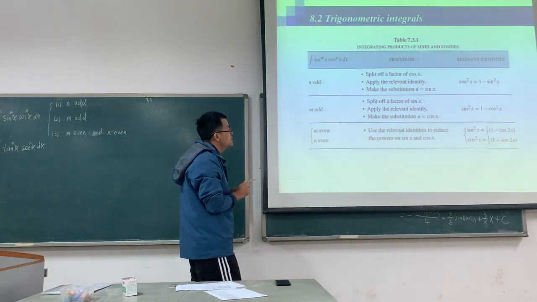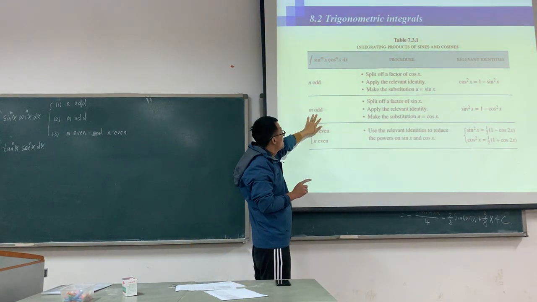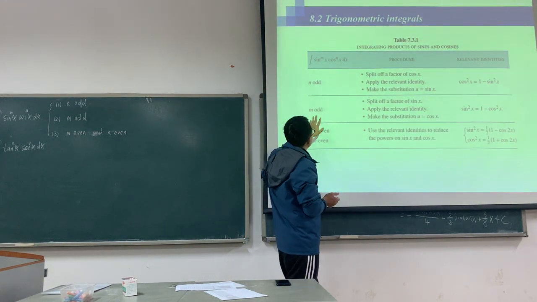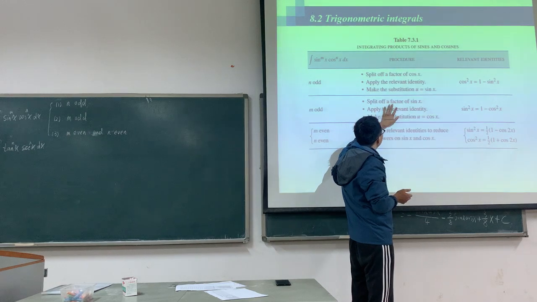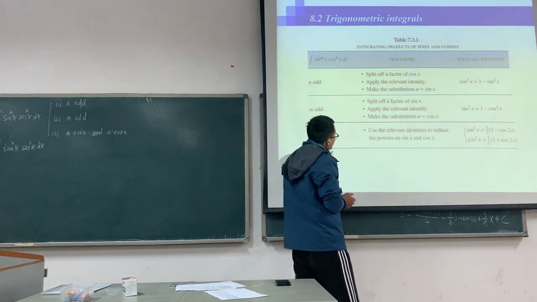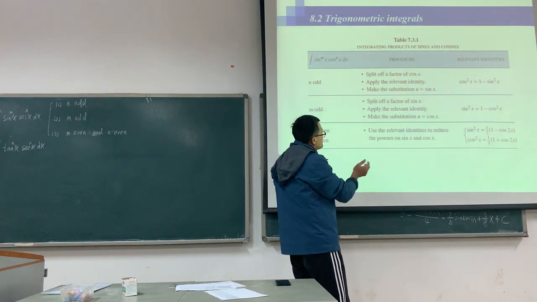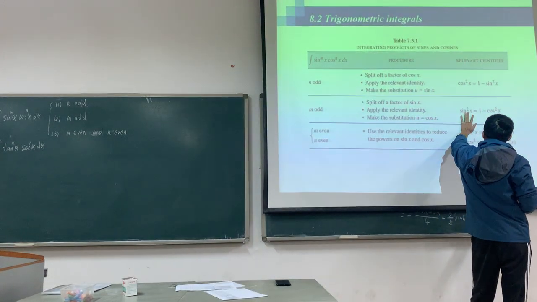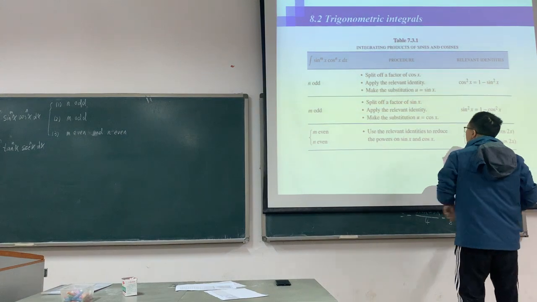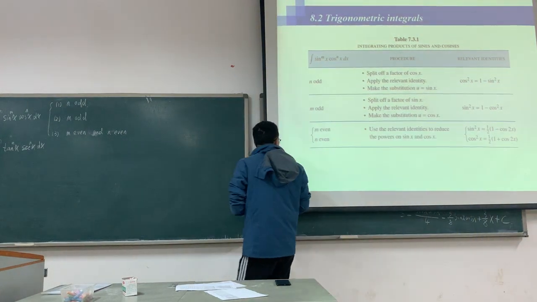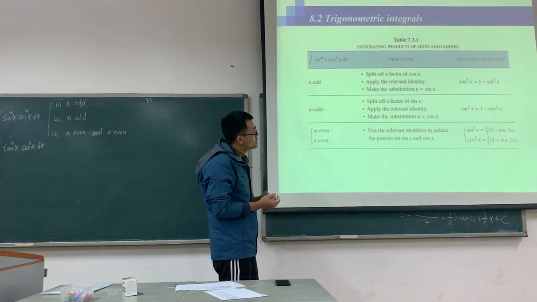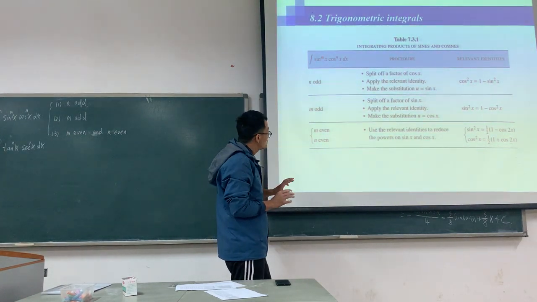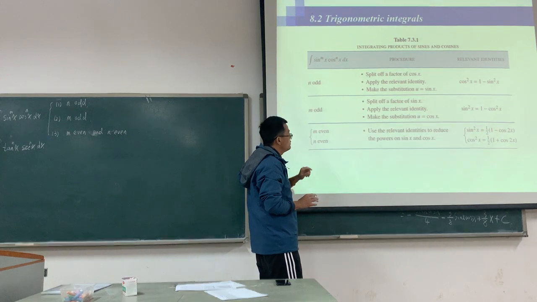The second case is m is odd. If m is odd, we split off a factor of sin x. This is the first step. The second step is to use the formula sin squared equals 1 minus cosine squared. The third step is to make the substitution u equals cosine x. Now the third case is m even and n even.